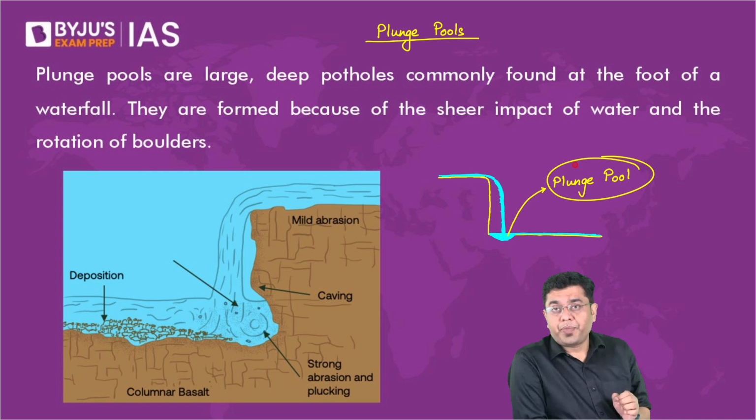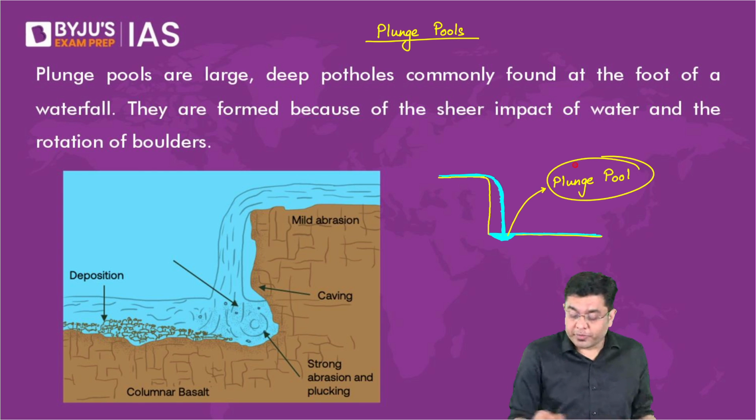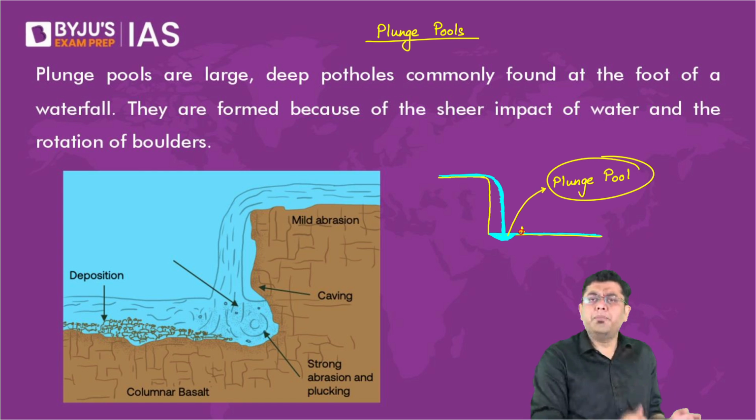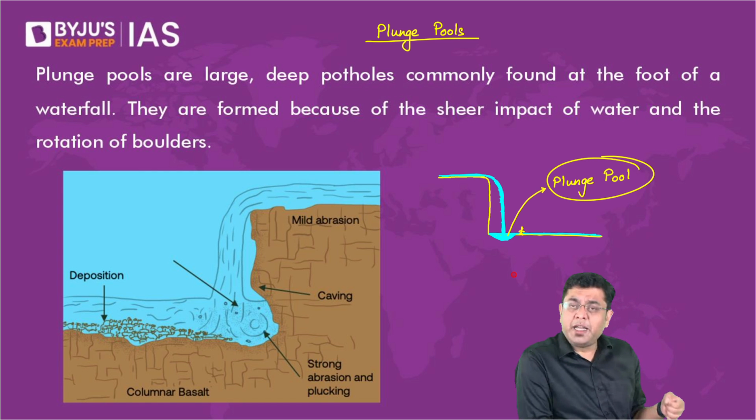Every year, hundreds of lives are lost at the base of these waterfalls in these plunge pools because they are so very dangerous. Because as an individual, if let's say you are standing here, the water level might even be below the level of your knee length.